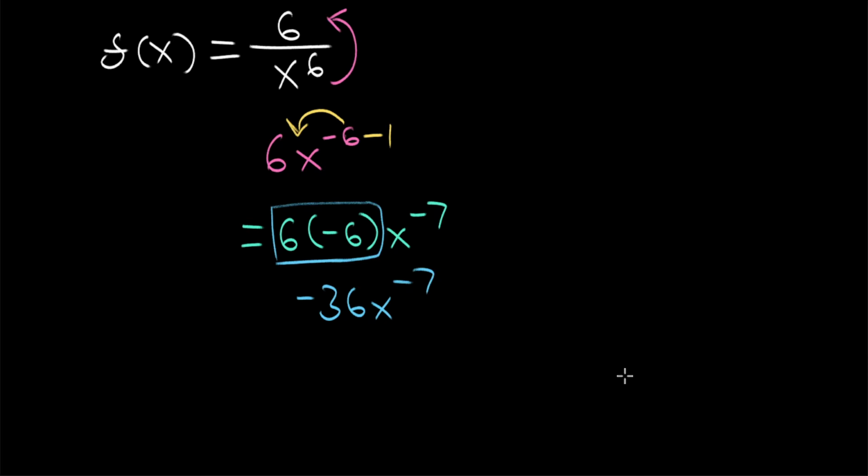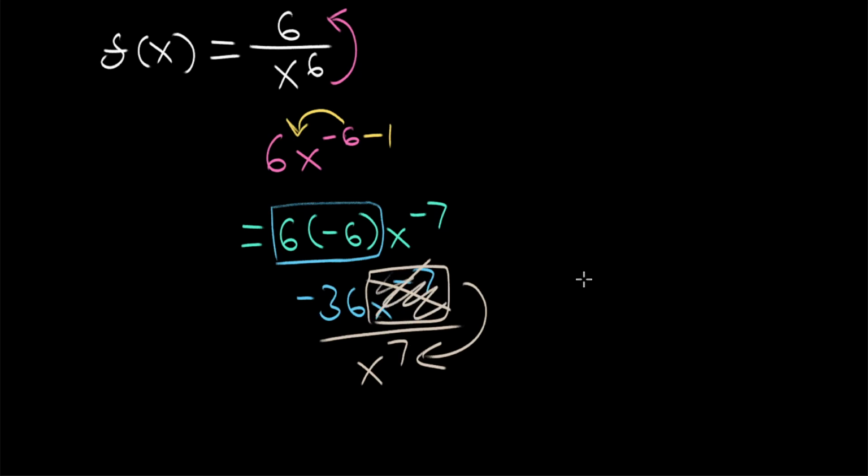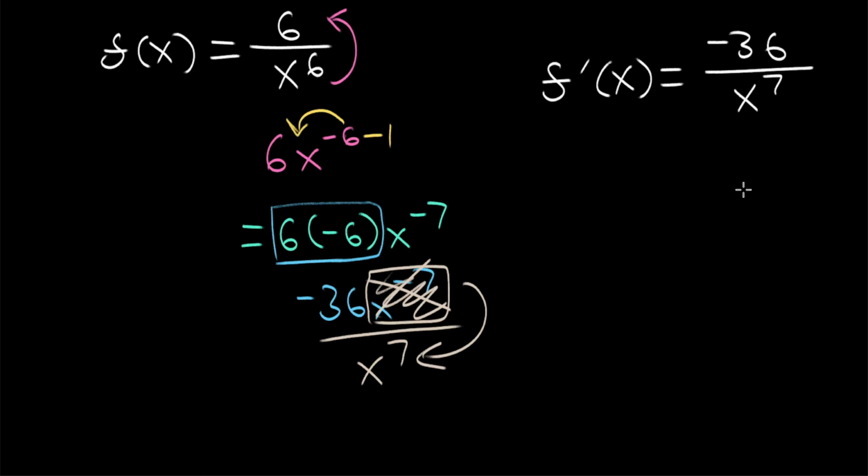And now we just want to take this part and move it down, which would make it x to the 7th, and we got rid of that. So 36. And our final answer, we can write it out here. F prime of x is simply equal to negative 36 over x to the 7th.